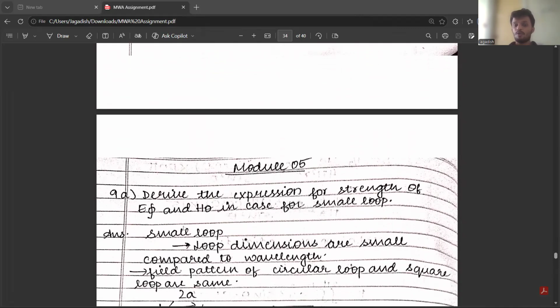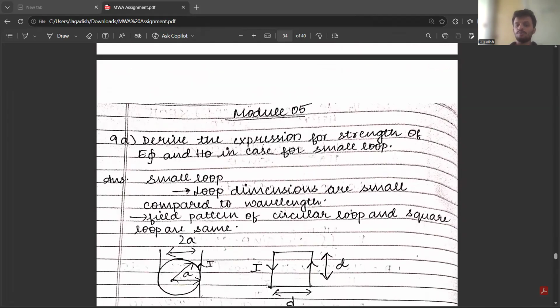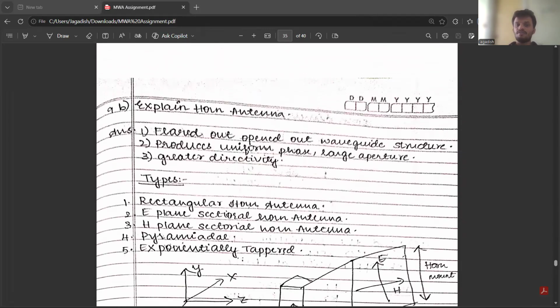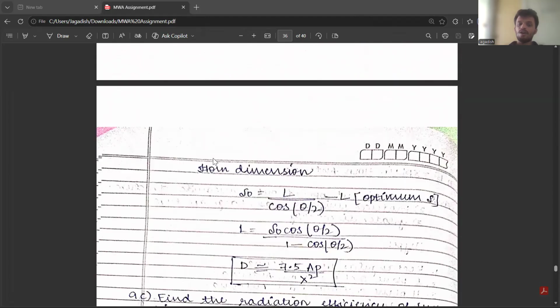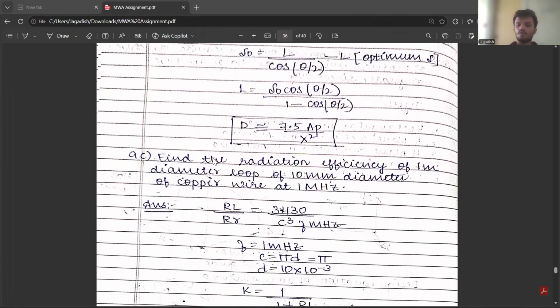The next comes module 5. In module 5, it is mostly the electric field and magnetic field for a small loop. You learn the derivation. After that, what is a horn antenna, and explain the types of horn antenna. This is very important. You need to write about rectangular, E-plane, H-plane, pyramidal, exponentially tapered, and how you will be designing them along with the equations.